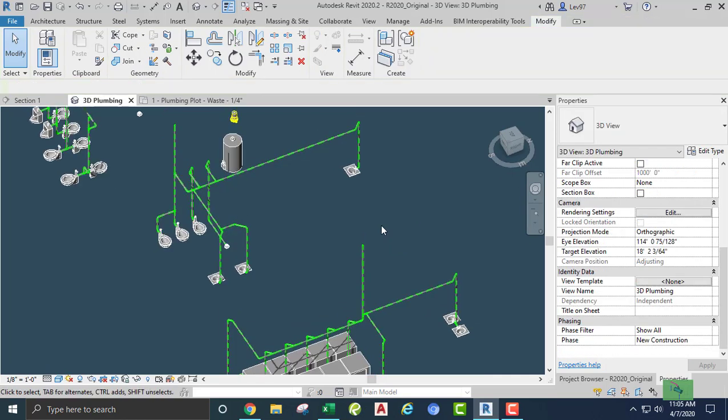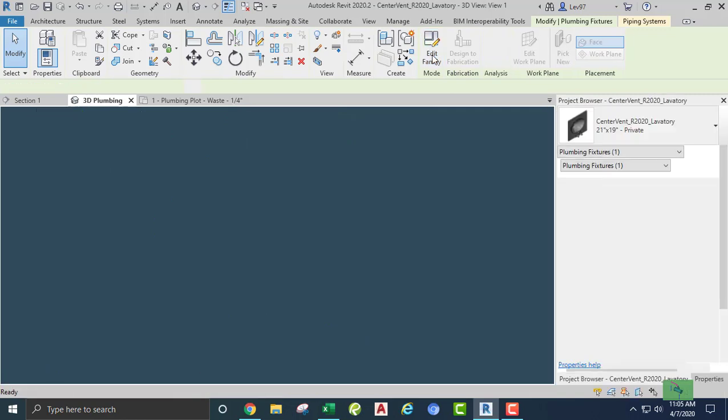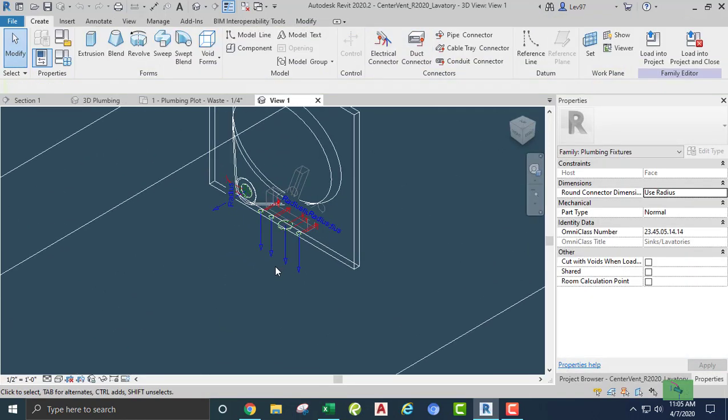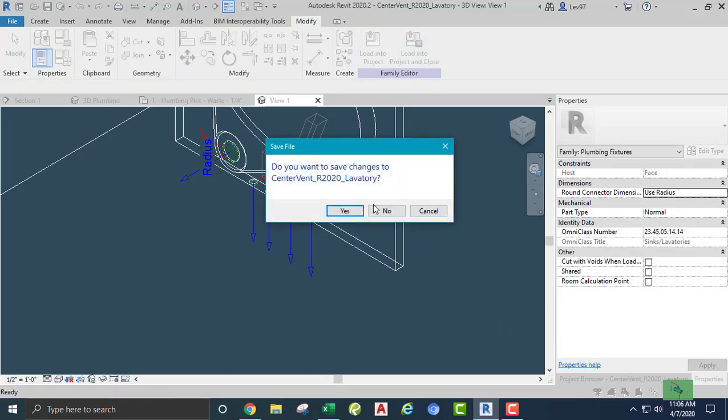But if I go back and change that vent piping unit that is counting, the flow direction from out to in, and save it. Let's save it.